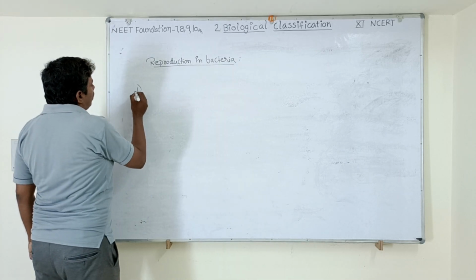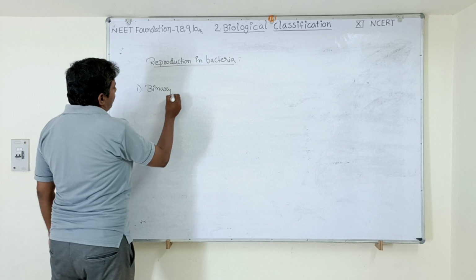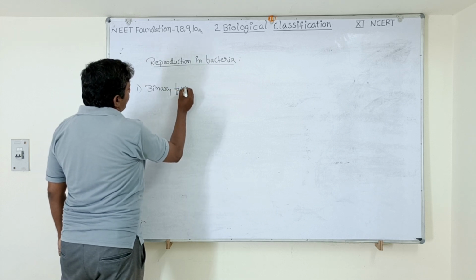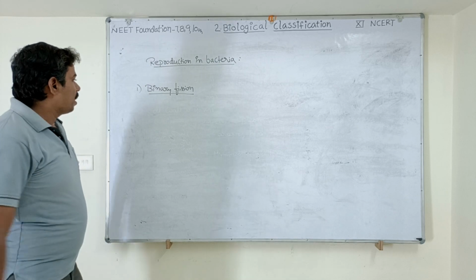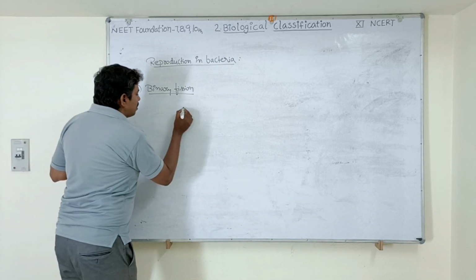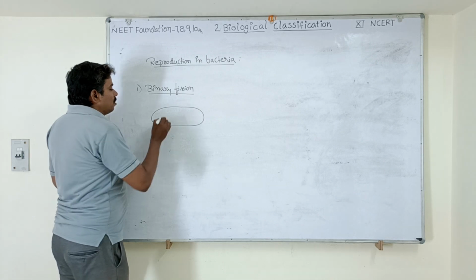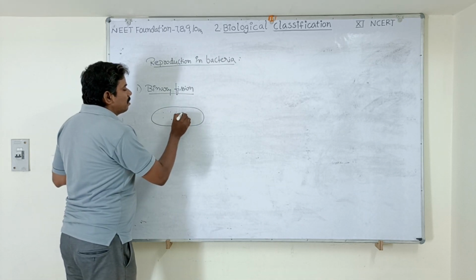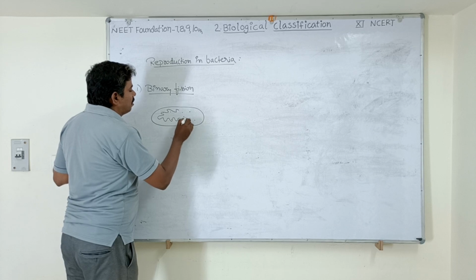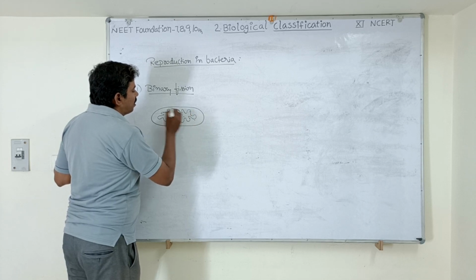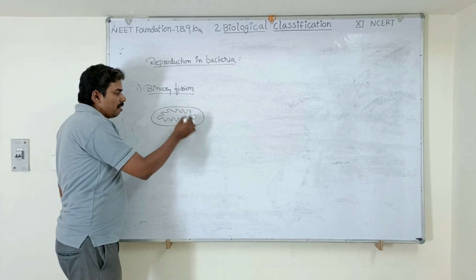The first method is binary fission. It is a method of asexual reproduction. Look here carefully. Imagine that this is a bacteria. Inside the bacteria there is cytoplasm and there is a nucleoid. This nucleoid contains the DNA, deoxyribonucleic acid, which is circular in nature.